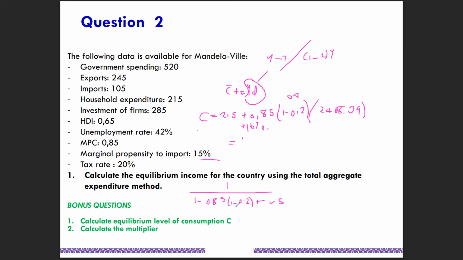And then firstly, you start by solving the bracket. And then I'm going to write everything in my calculator. But when you're doing these questions, please, BODMAS rule, don't forget 0.2 plus 0.15. And then my multiplier is 2. So we're done.